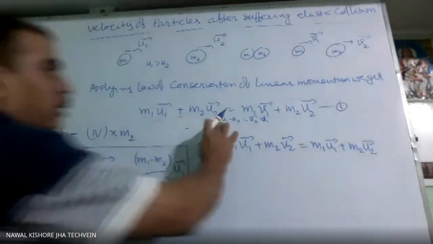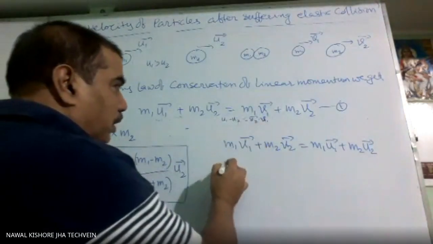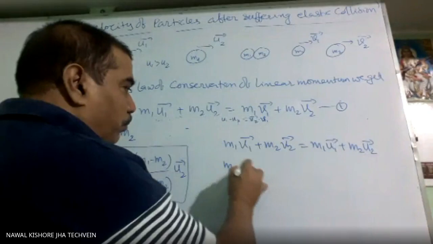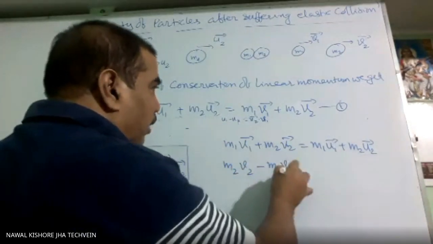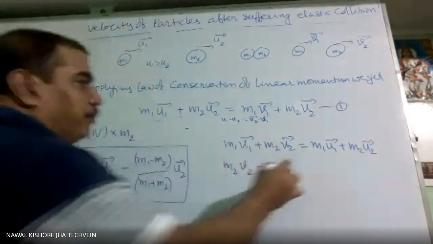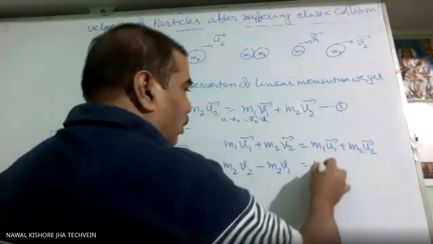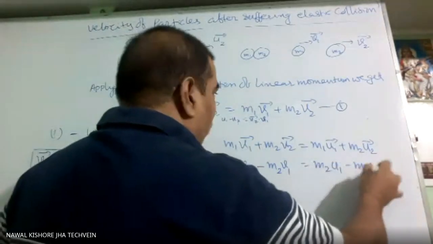Now the fourth equation, we have multiplied it by M2. So it will come M2 V2 minus M2 V1 will be equal to M2 U1 minus M2 U2.